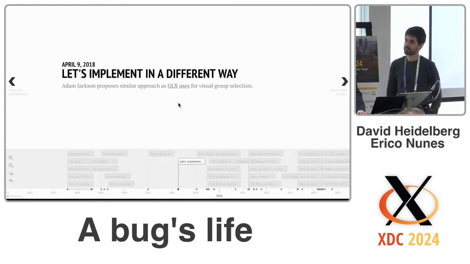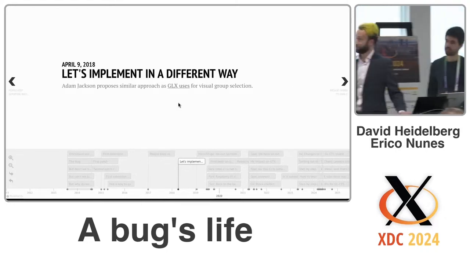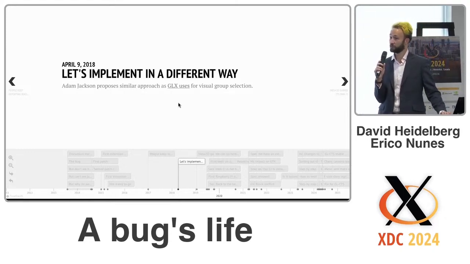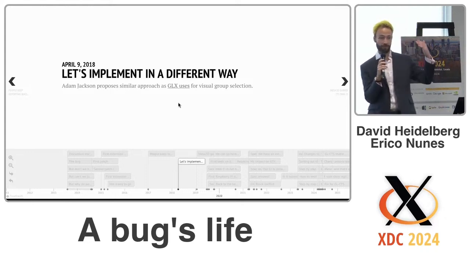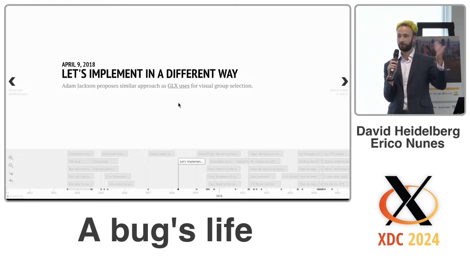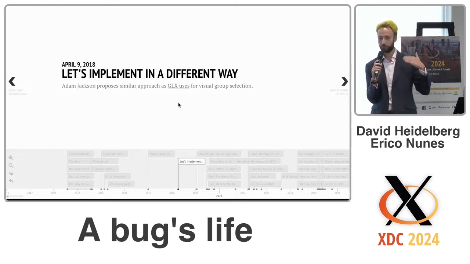So in 2018, another try, and now we're getting closer to what got merged, and that's visual group selection. Right now we have a lot of visual formats, and applications are used to picking the first format they want to use.